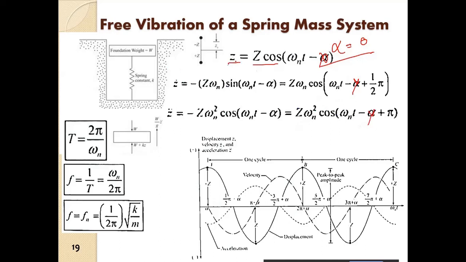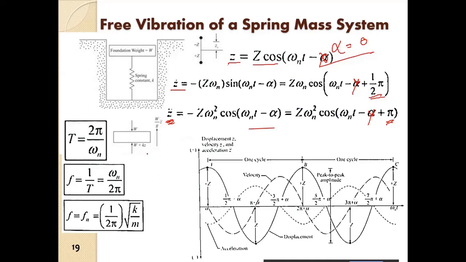If we differentiate this, we will get the velocity. We see that it is at a phase difference of pi by 2, that is 90 degrees. Mathematically as well, if we differentiate this velocity again, we will get the acceleration, with a phase difference of 180 degrees or pi. So that is the acceleration phase.